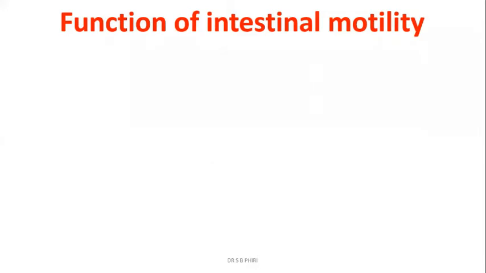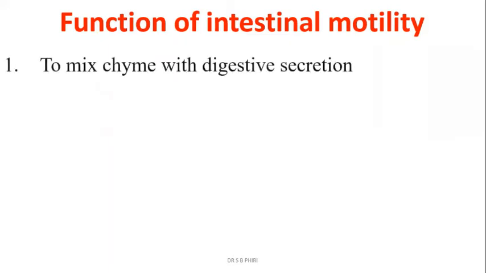So let's start by looking at the function of intestinal motility. Why do you want to have motility in the small intestines and the large intestines? I'm sure you can guess by now that one of the functions of intestinal motility is to mix the chyme with digestive secretions. In the intestines you have intestinal secretions, some of them coming from accessory organs like the gallbladder, the liver and the pancreas, containing bicarbonates and enzymes.